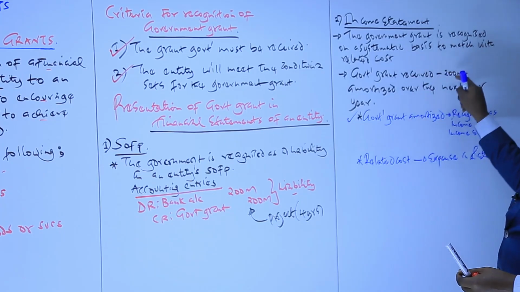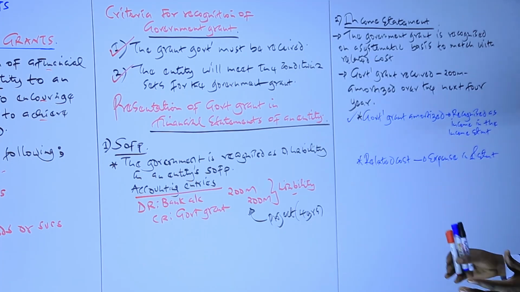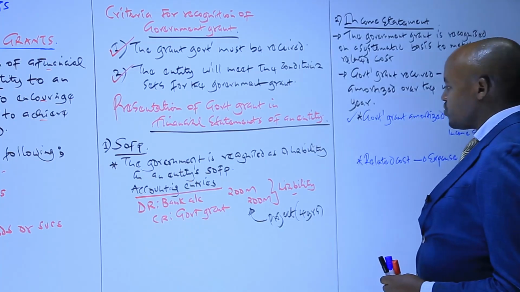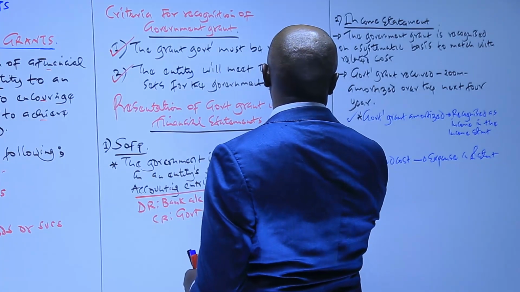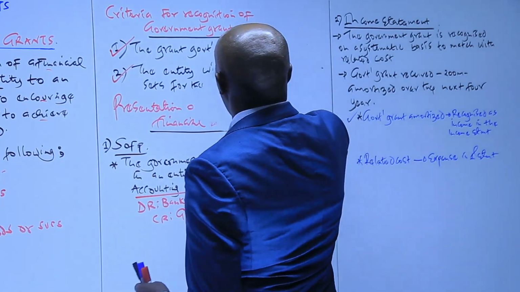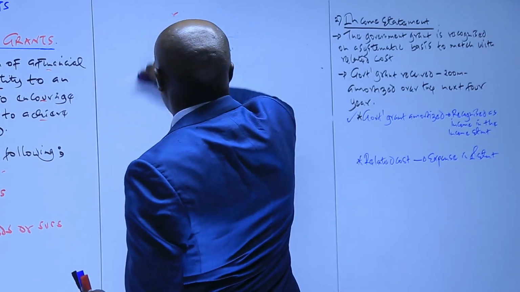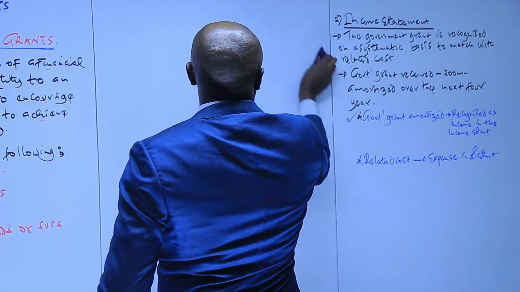Therefore, the government grant which will be amortized each year will be recognized as an income in the income statement, and any related cost will be recognized as an expense.